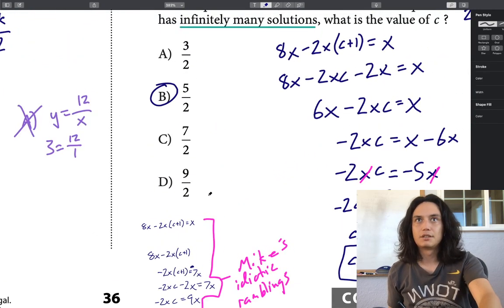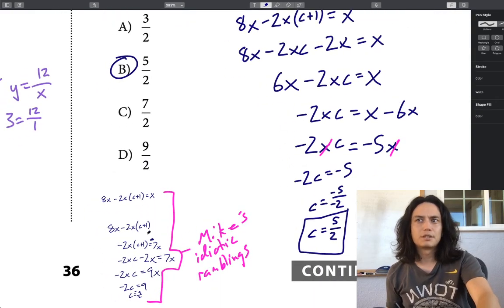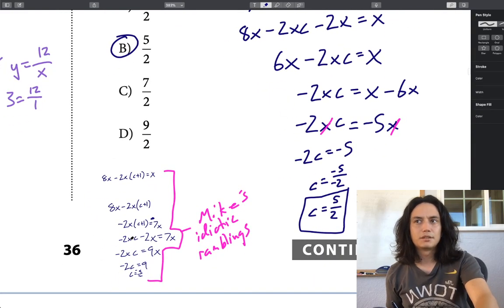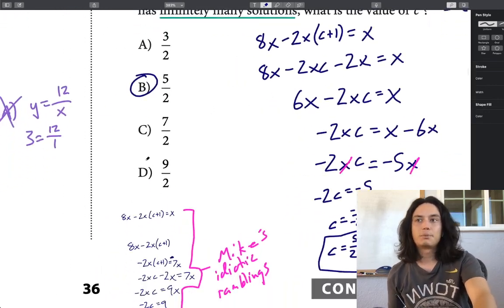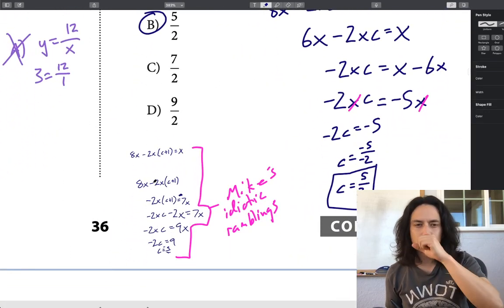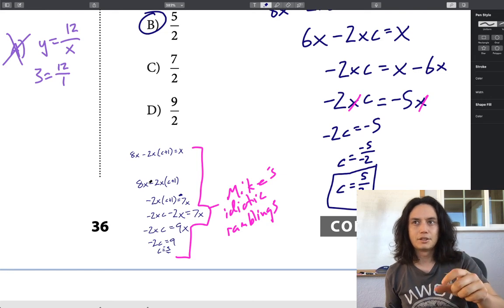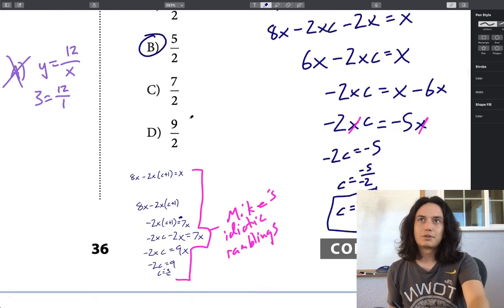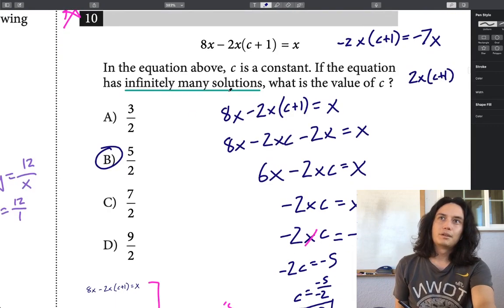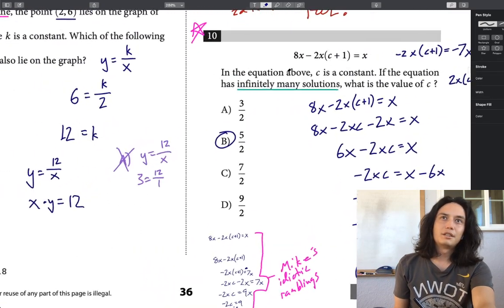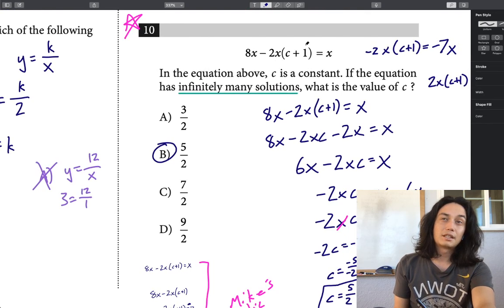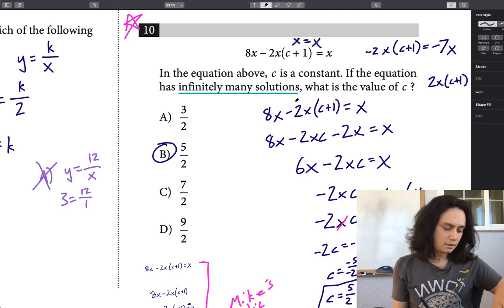All right, so that's very easy. Like, this ultimately is definitely a dumb way of doing it. This way is a better way of doing it. But as I suspected, I just made a very small little arithmetic error. I was thinking about this wrong. Just to back up, I was thinking, in order to have infinitely many solutions, we want to set this equation up so that it sounds like something that's just true, like x equals x.